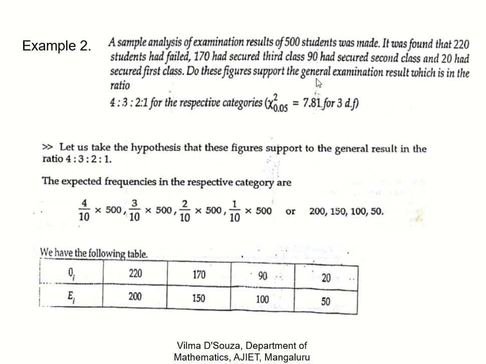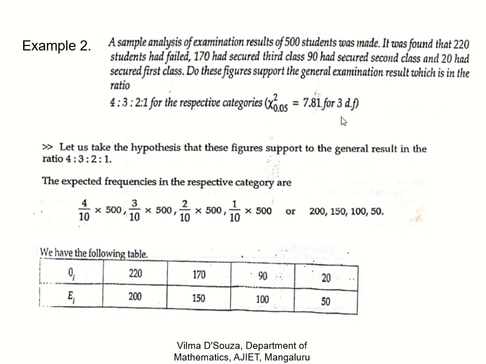Do these figures support the general examination result, which is in the ratio 4 is to 3 is to 2 is to 1 for the respective categories? Chi-square at 0.05 is equal to 7.81 for 3 degrees of freedom.